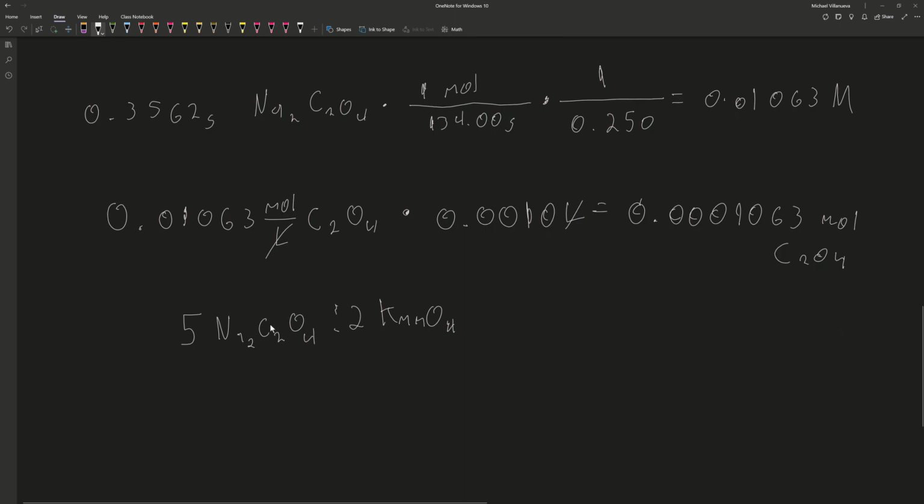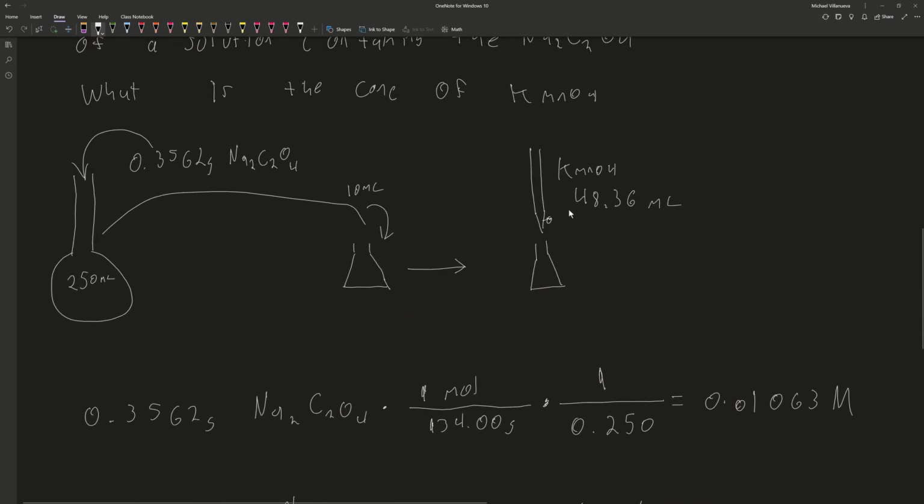This is important because this is going to allow us to do our final calculation to actually determine the number of moles that have reacted. The idea here is this 48.36 milliliters means that at this point, the number of moles of KMnO4 and the number of moles of C2O4 are equivalent. That would be considered the end point of this titration, and it occurs at this 48.36 milliliter volume.